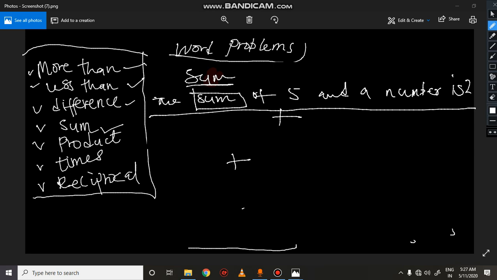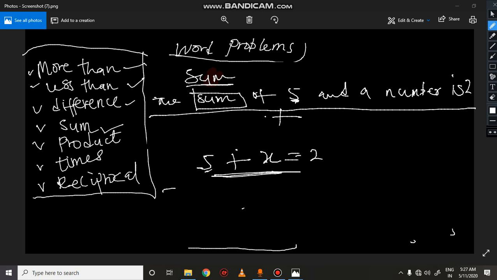The sum of 5, I bring my 5, and a number I don't know, so I represent it by x, equals 2. I hope this is clear. Whenever you meet sum, you write your plus sign, then you read after.